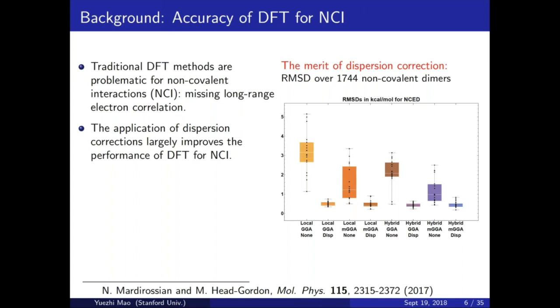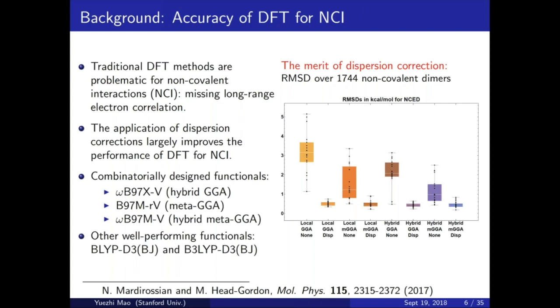But the dispersion corrections developed in the last decade have largely improved the performance of DFT for non-covalent interactions. If we look at this plot, we can see that at different levels of DFT, after the dispersion correction is added, the accuracy for non-covalent interactions has been largely improved.